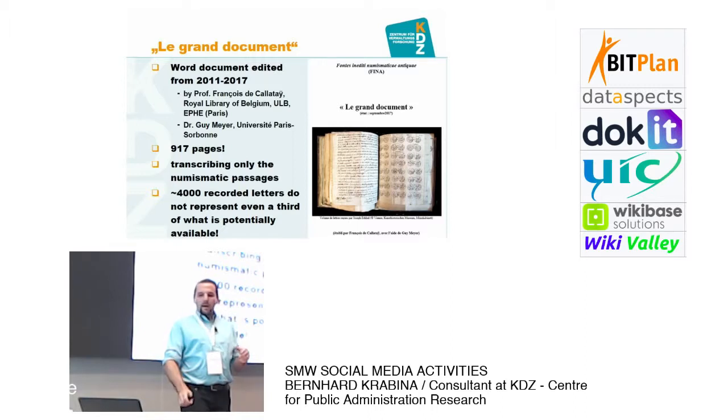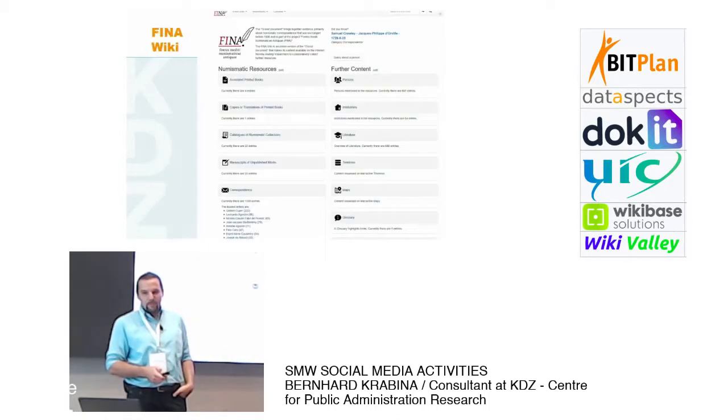These professors invited the scientific community, they sent them the Word document and said, if you have additions, please send them to us. Please do not use track changes. Use separate documents because we will have problems integrating this into one document. So this 917 pages document is around.